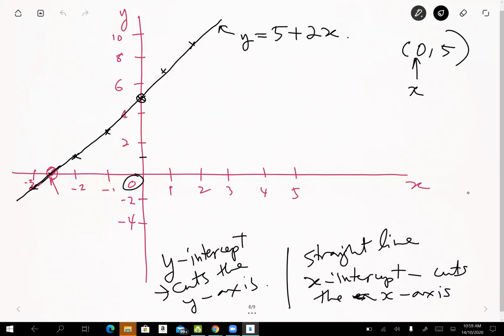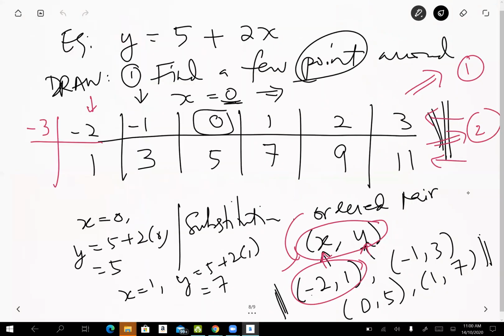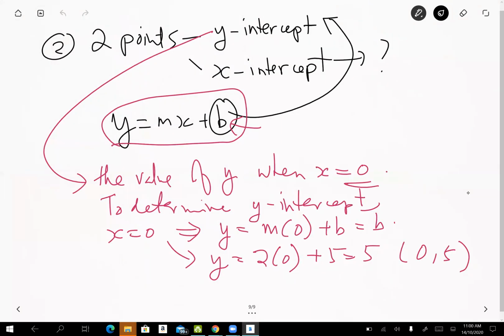So the x-intercept, I'm sorry, the x-intercept is the value of x for y equal to 0. So we can determine the value.